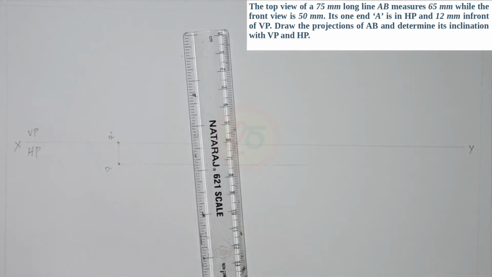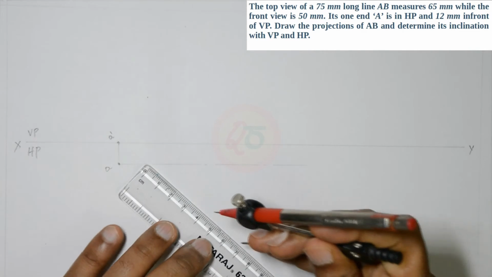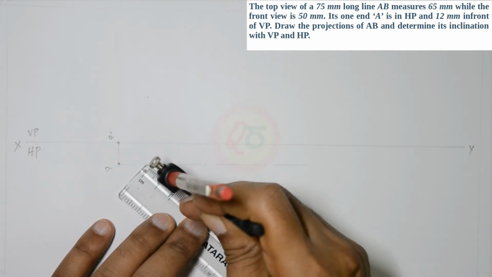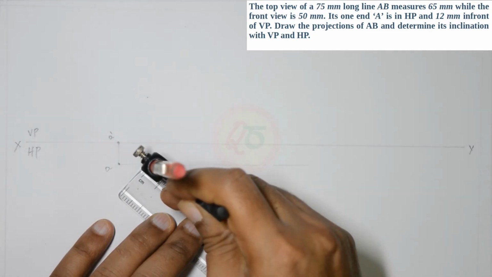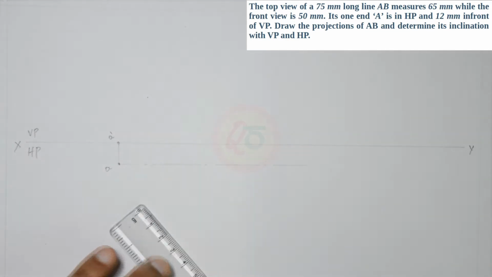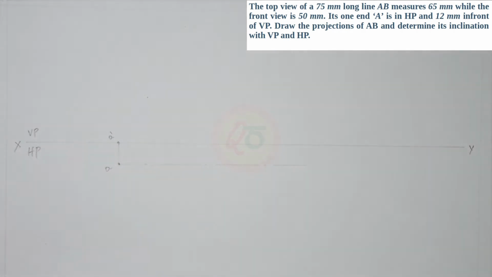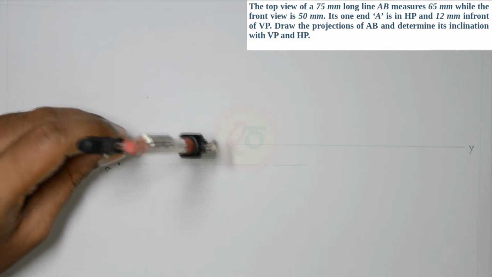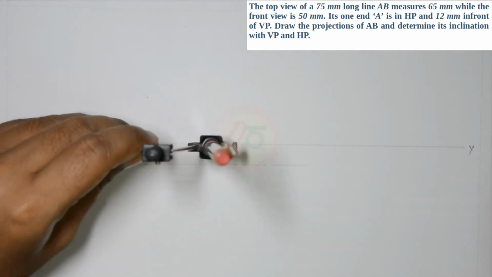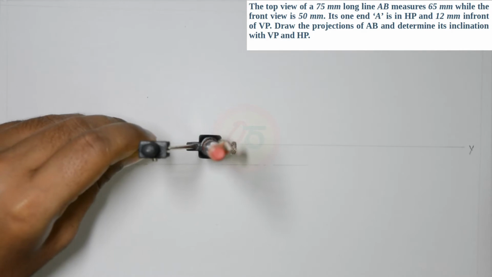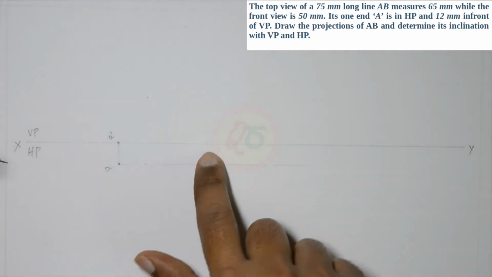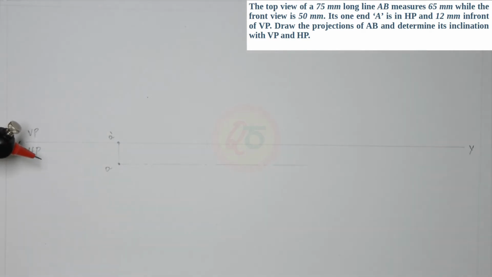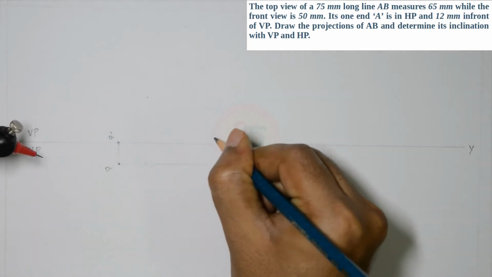Use your compass, measure 50 mm, and from A dash on the XY line, cut an arc. This point where you cut the arc is your point B2 dash.